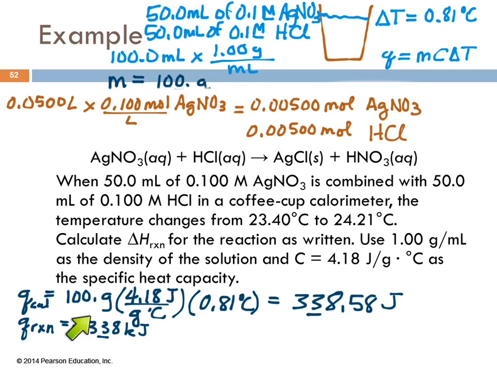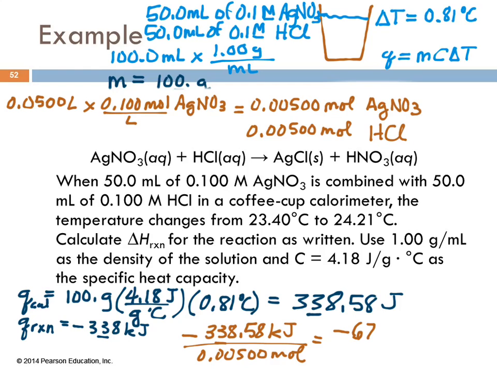So we need to take our Q down here and divide it by 0.005 moles. So we've got minus 338.58 kilojoules divided by 0.00500 moles. Negative 67716 kilojoules.